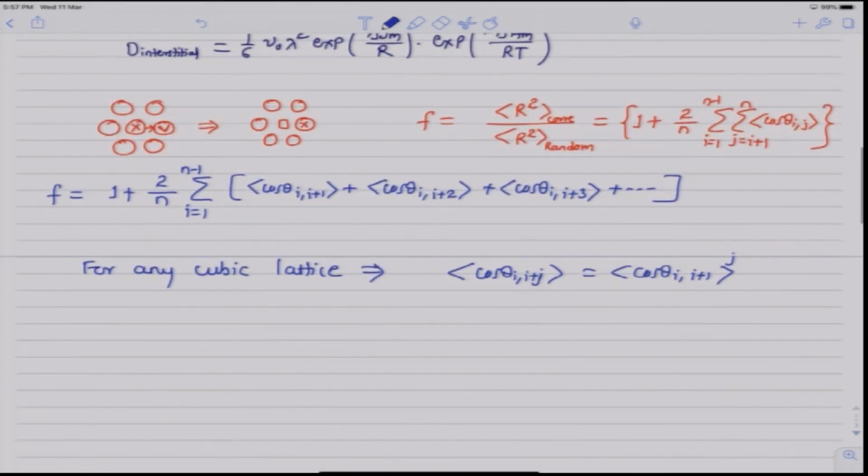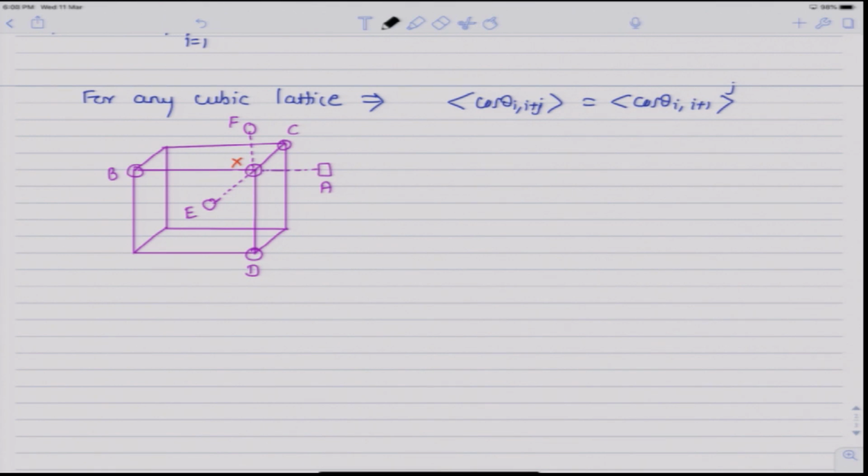So, we can illustrate this for the case of simple cubic. So, let us consider the simple cubic lattice unit cell here.